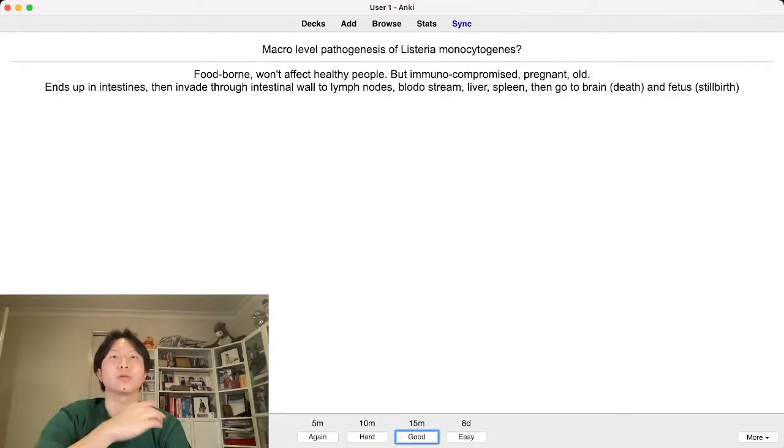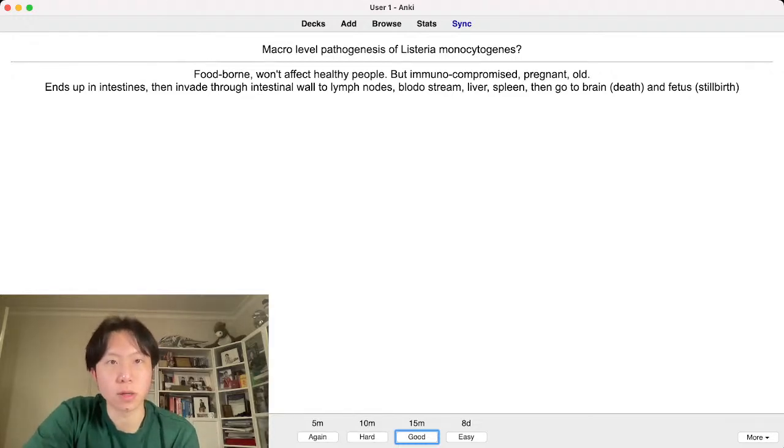Okay, Listeria monocytogenes, foodborne. So it's in food. Ends up in intestines, then invades through the intestinal wall to lymph nodes, bloodstream.